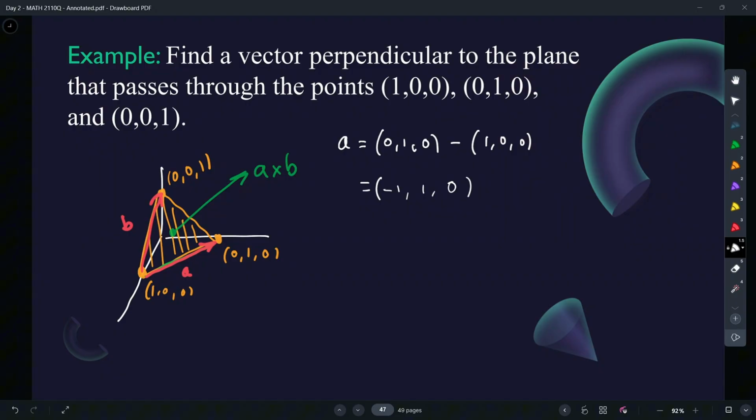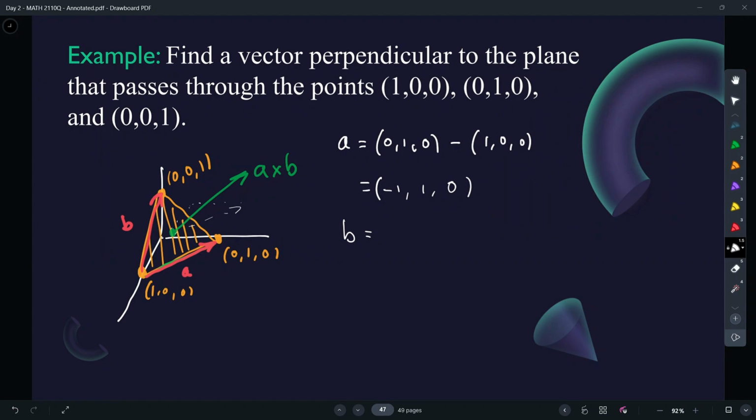Does that look right for my vector? Is it in the same direction? It is literally a vector that goes back 1, up 1. So it is that vector, which is exactly the vector A, but just a translation of the vector A. So that is correct.